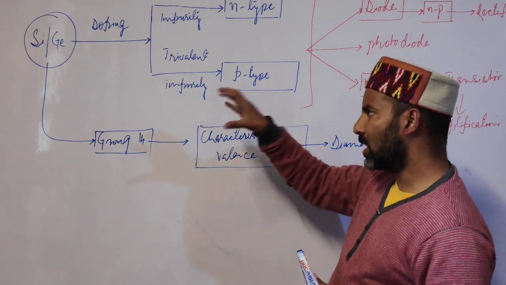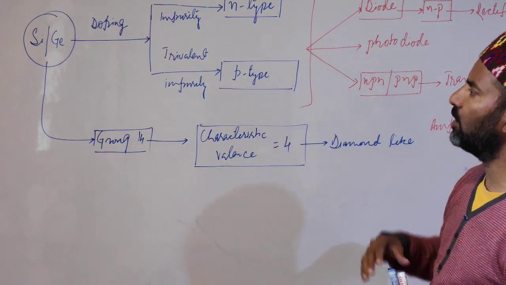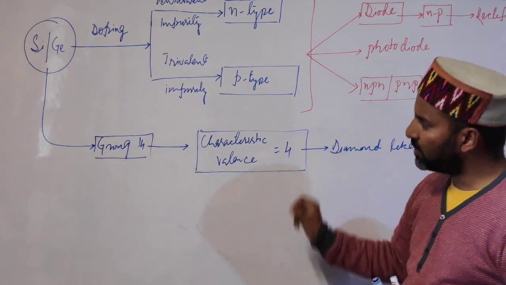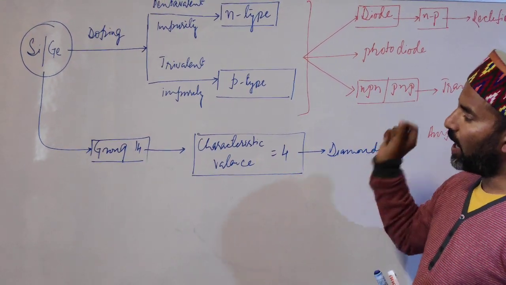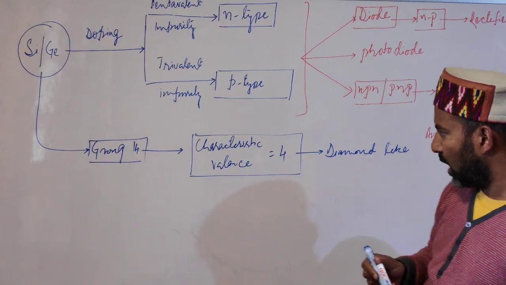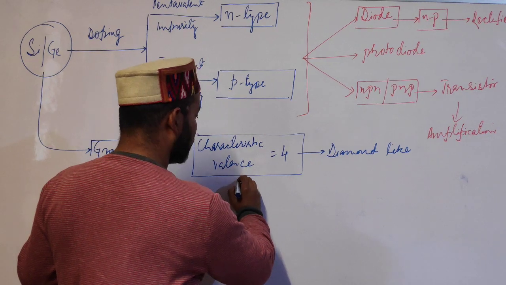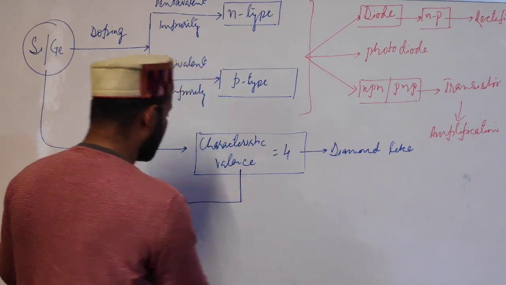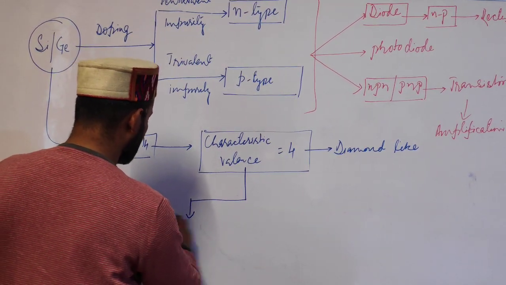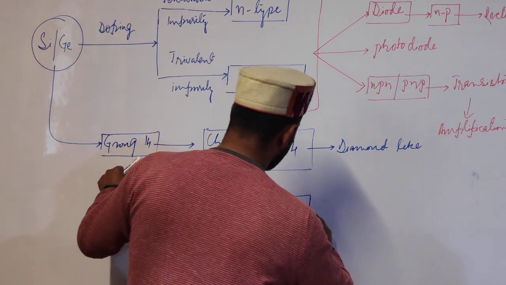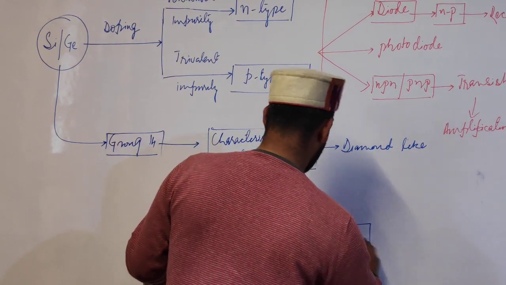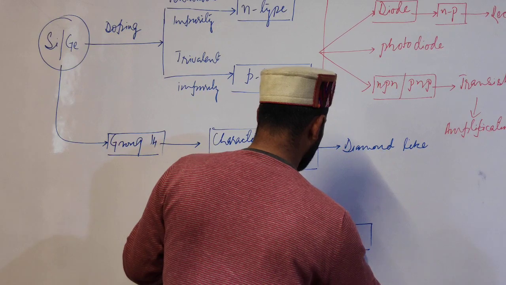Now students, we can get semiconductor materials by combining group 12 and group 16 elements. That means a characteristic valence of 4 can also be obtained by combining elements of group 12 and group 16, or by combining elements of group 13 and 15.